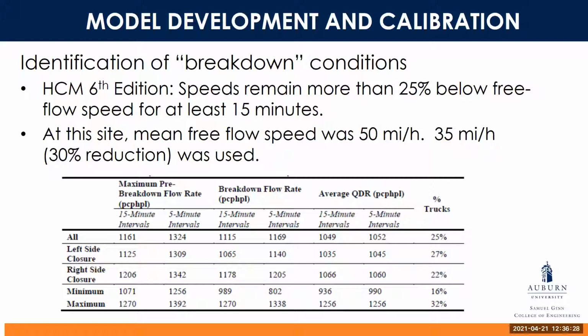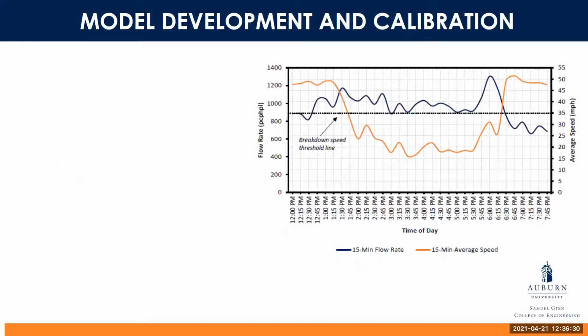So moving along through model development and calibration, here is a plot of traffic during a typical day during the data collection period, where it was early to mid-afternoon that the volumes or the demand were such that we had a breakdown condition occur, which again is typical of a rural freeway.